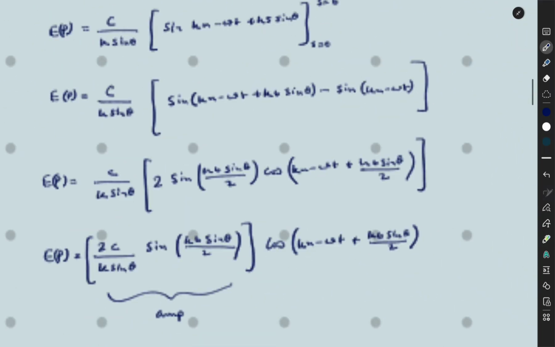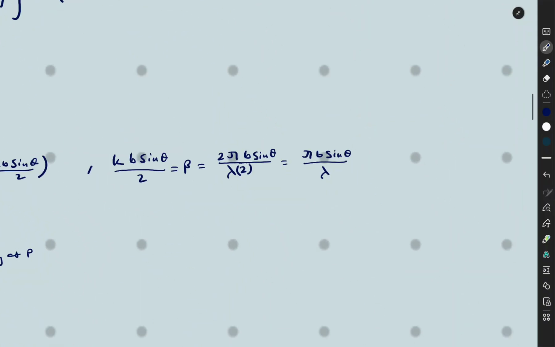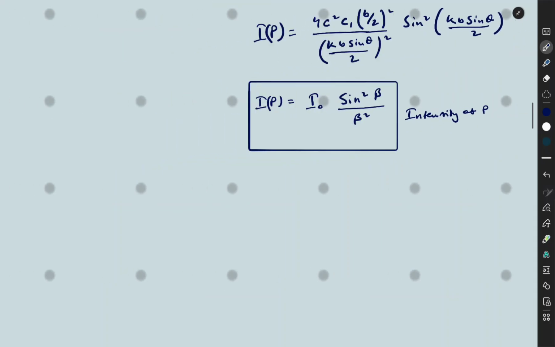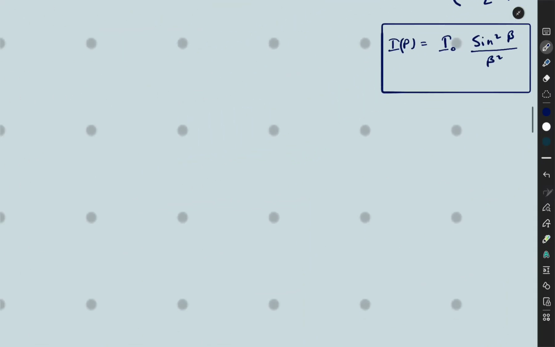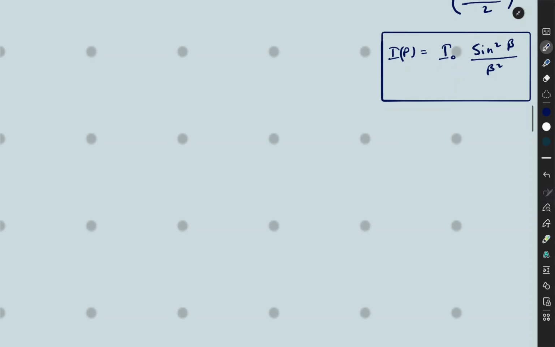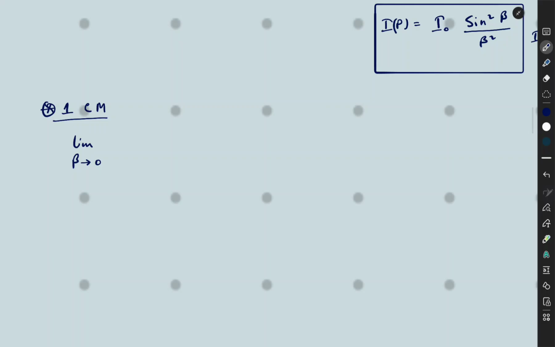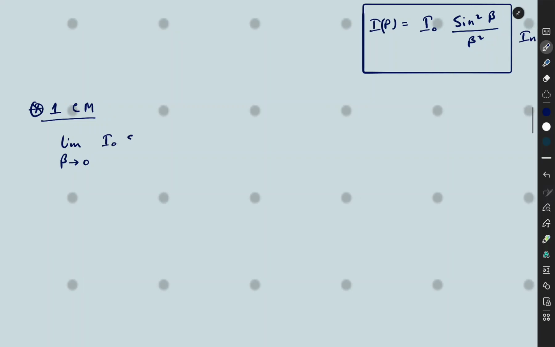If theta is 0, then beta is becoming 0, but we cannot substitute beta equal to 0 directly over here, because it will become an indeterminate form. So rather we will use a limit. First case, that is central maxima: limit beta tending to 0 of I naught into sine beta by beta whole square.